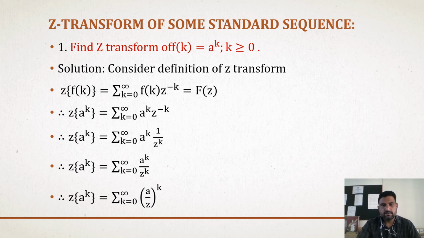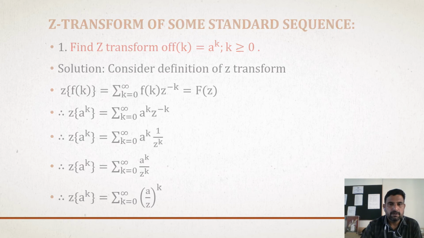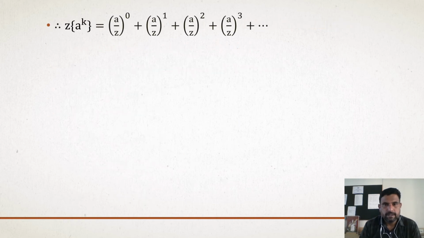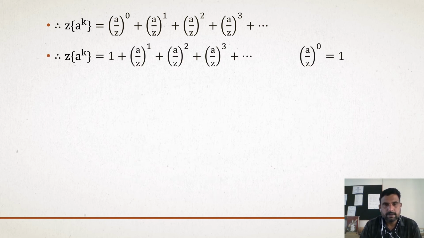And use the result. Suppose (a by z) raised to k, put k values. K values are 0, 1, 2, 3 up to infinity. So (a by z) raised to 0, (a by z) raised to 1, (a by z) raised to 2, 3, 4 up to infinity. (a by z) raised to 0 is 1.